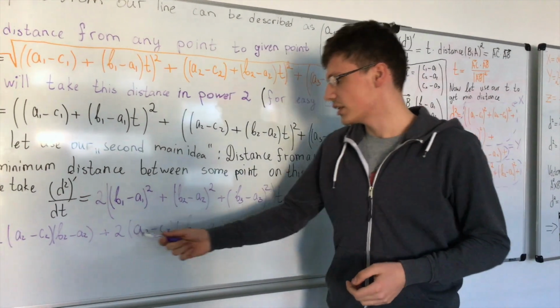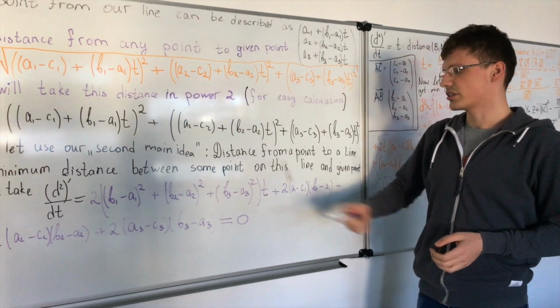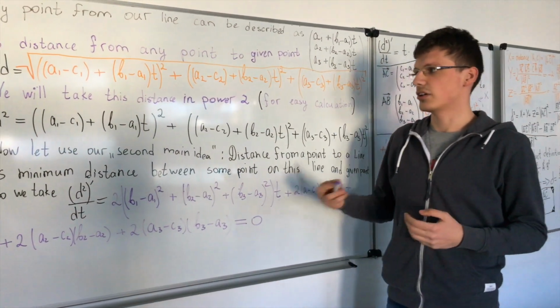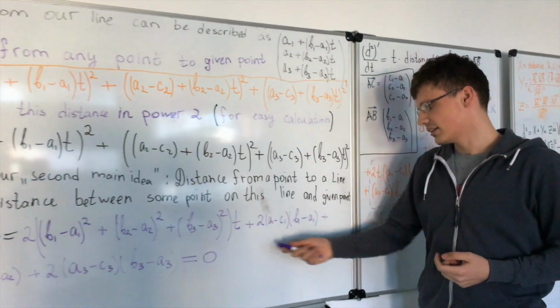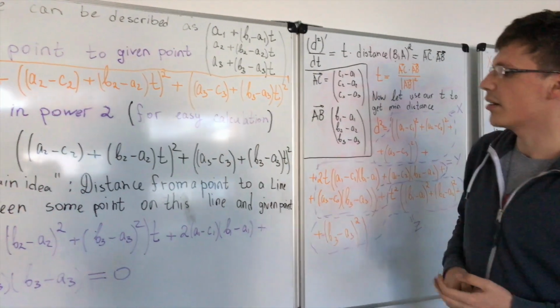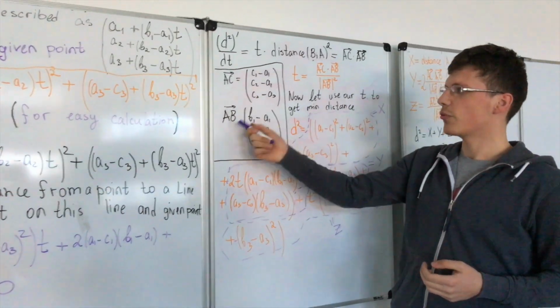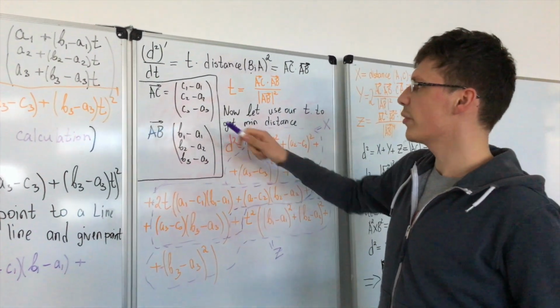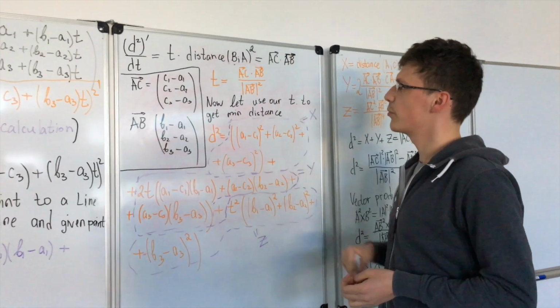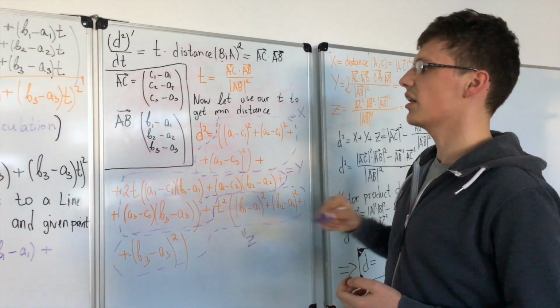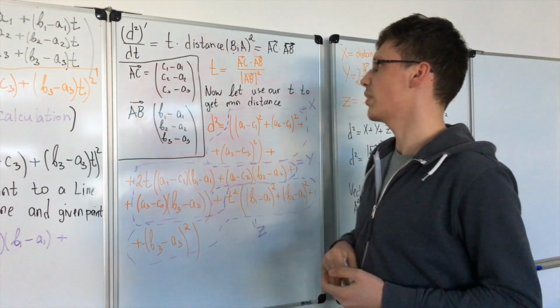As you can see, these three terms are the distance from point B to point A squared. And this is the scalar product of such vectors. And so we can write that t multiplied by the distance from B to A squared is equal to a scalar product of such vectors.